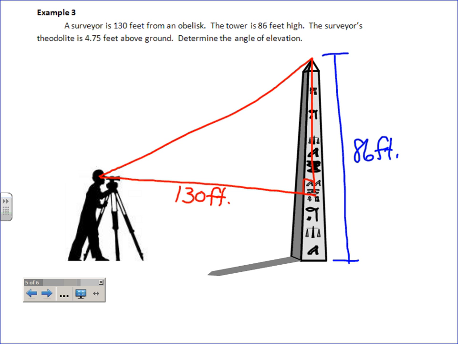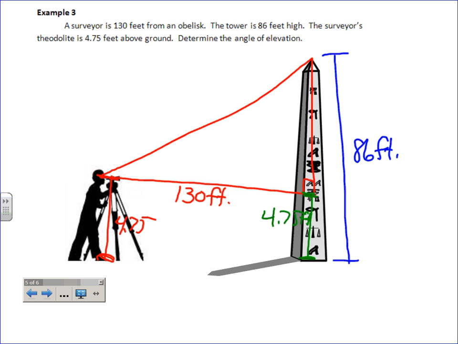Is 86 feet the right side of the triangle? No, how are we supposed to figure that out then? We know that the theodolite, from here down to there, is 4.75 feet, so it really works the same over here. From here down to there is 4.75 feet. And so what is the side of that triangle?